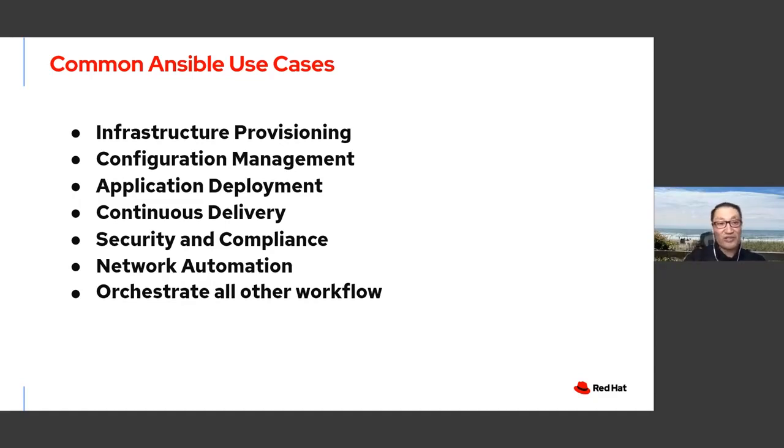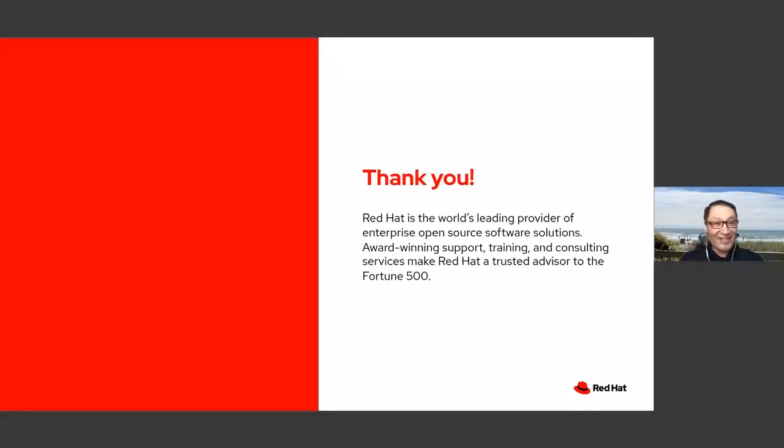So you've noticed on this list, even things that are not necessarily part of Ansible Automation Platform, we can actually work with those tools to orchestrate them and put them in as part of a single workflow. So you just have to hit launch and run, and you'll execute all your workflow from end to end.